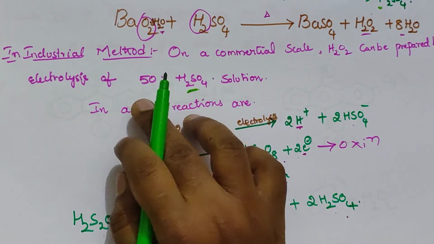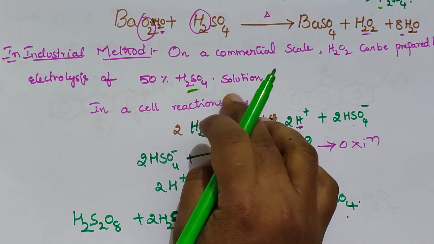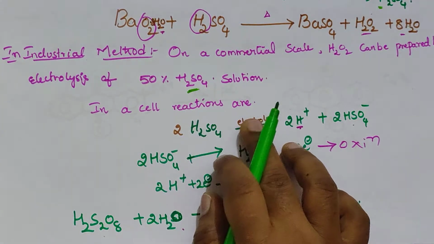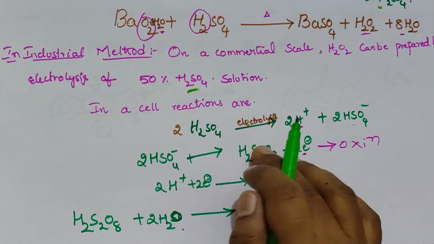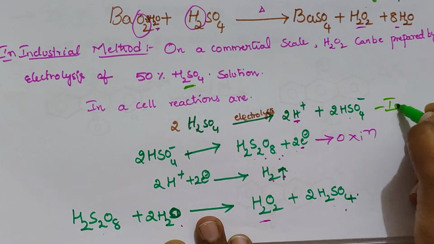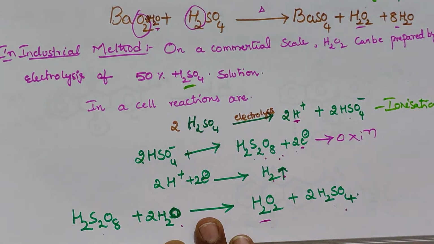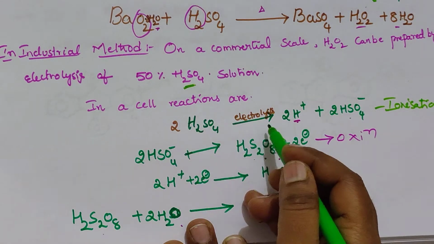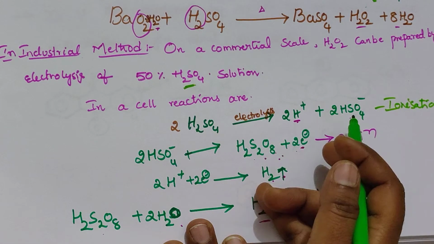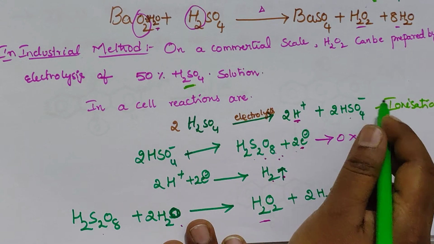H2SO4 is electrolyzed and divided into ions. Ionization takes place. In the cell reaction, the H2SO4 is divided into ions; that step is called ionization. On electrolysis, the sulfuric acid is divided into 2H plus and 2HSO4 minus ions.